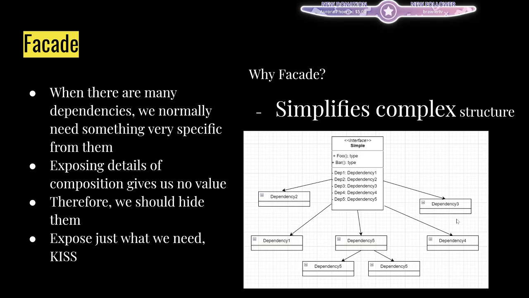So that's the problem that Facade solves. We simplify complex structure. So imagine if you had 5 dependencies, and then the 5th dependency has dependencies to other things. And if you exposed everything, you would really complicate things.